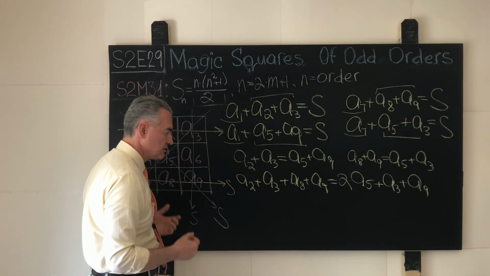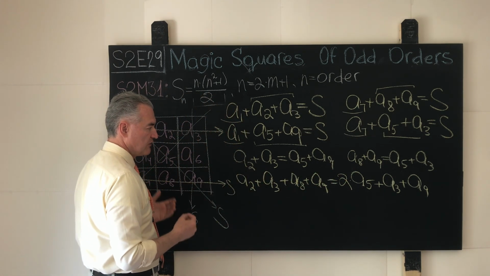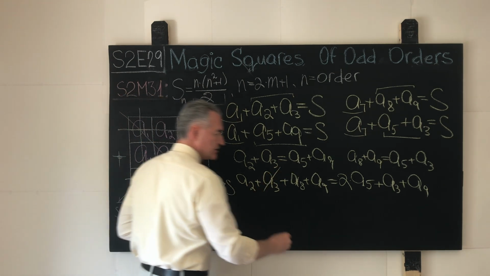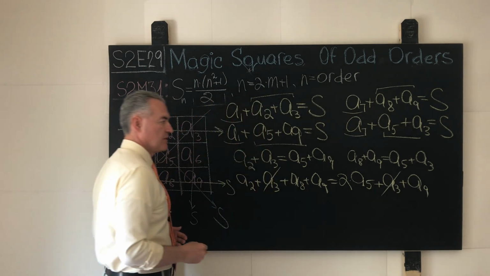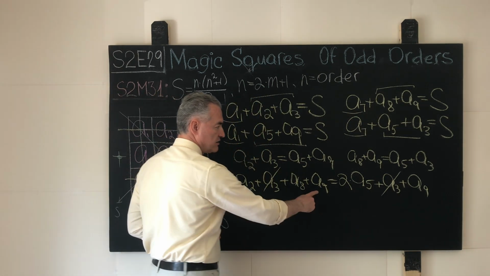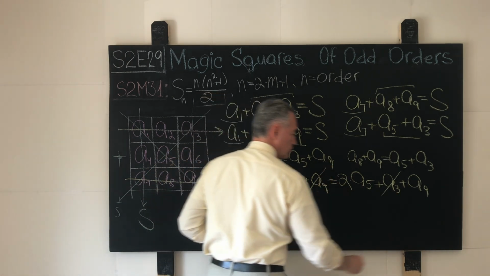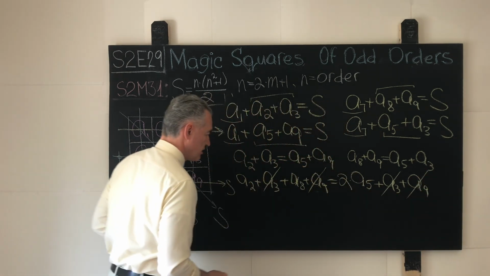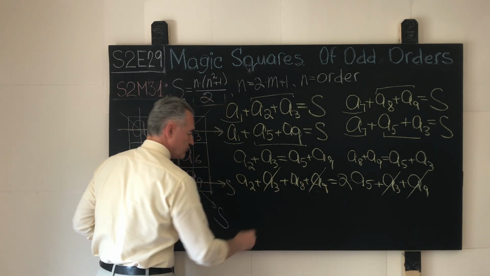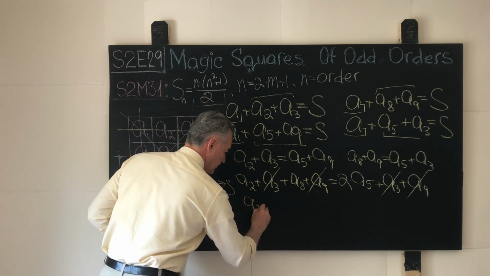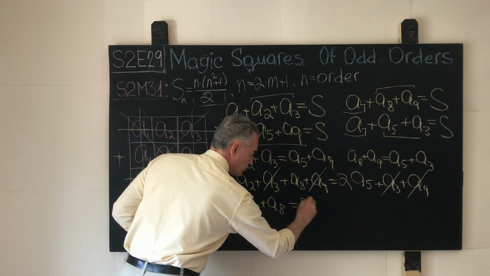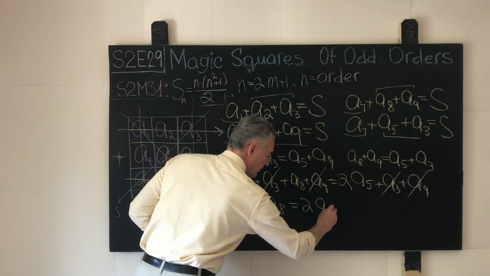And what do we see again? A wave of favorable cancellations: a3 on the left-hand side and a3 on the right-hand side are no longer needed. And then the a9 on one side and the a9 on the other. What do we have as the sole survivors on the left-hand side of the equal sign? a2 plus a8 is equal to twice a5.